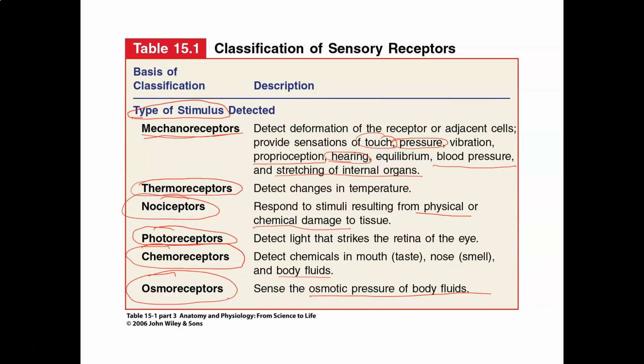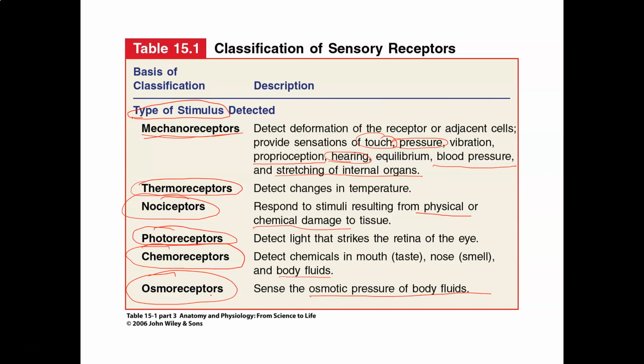For example, the osmotic pressure of your blood. It matters a lot. You don't want it to be too high or too low, because you're going to either pull water from your tissue fluids into it, if it's too concentrated, or if it's too dilute, then water can move in the opposite direction by osmosis. So we need to monitor the osmotic pressure, especially of our blood.